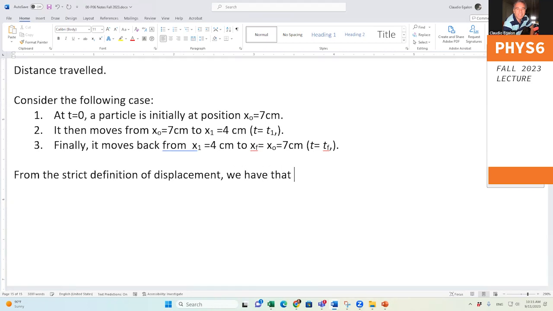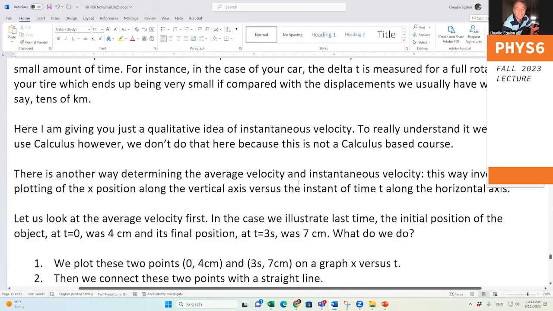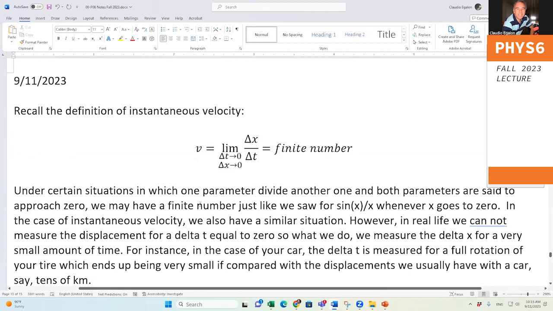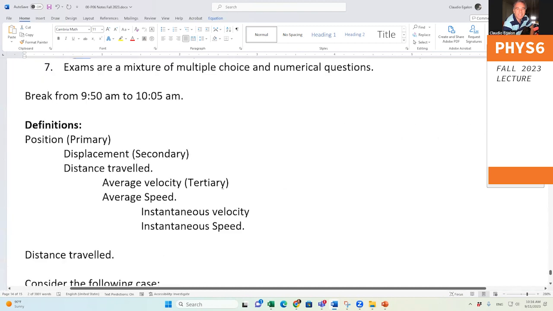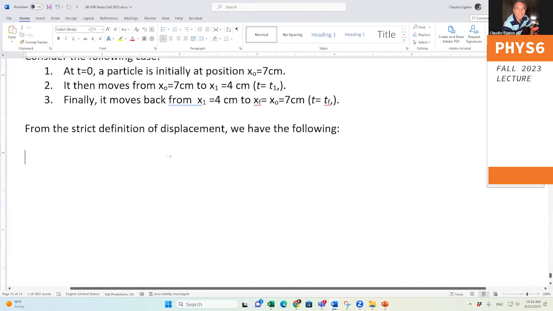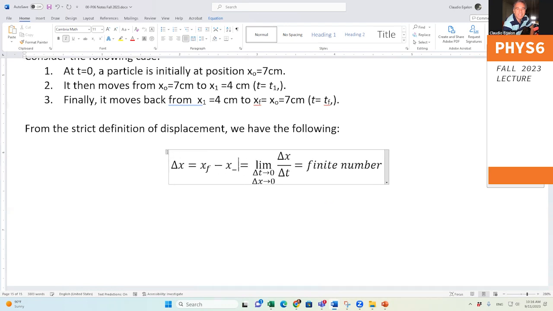We have the following. Delta x is equal to x final minus x initial, right?